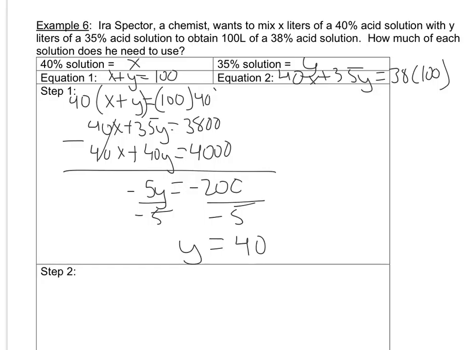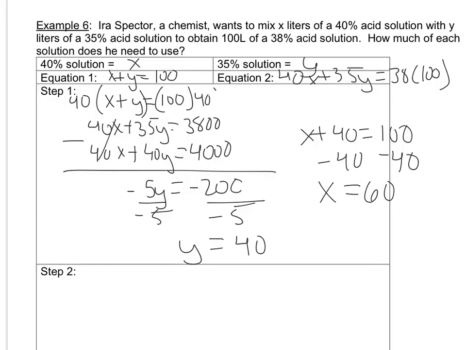Now don't go back to these ones. Go back to this. Just x plus y is 100. X plus 40 is 100. Subtract the 40. X equals 60. Now let's look back. We ended with a 38% solution, and we mixed 40 and 35.